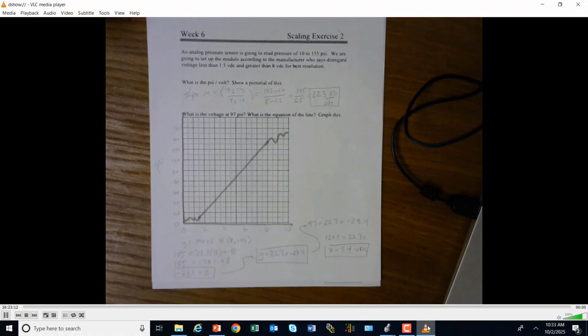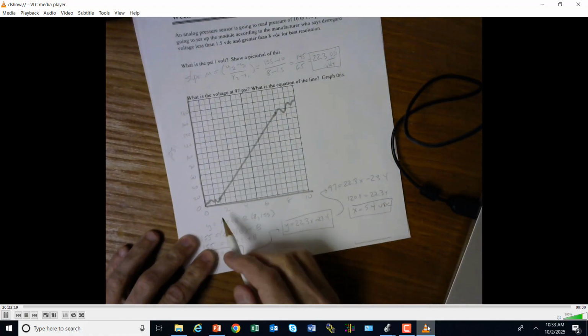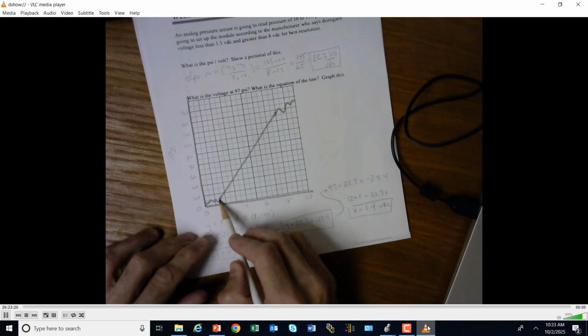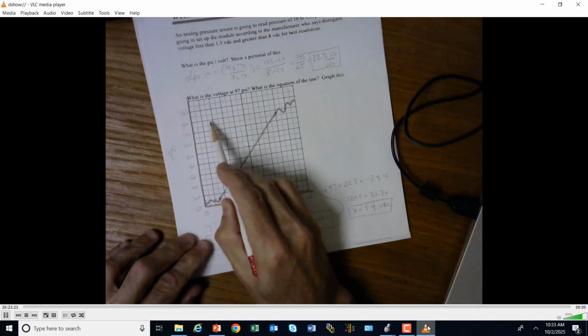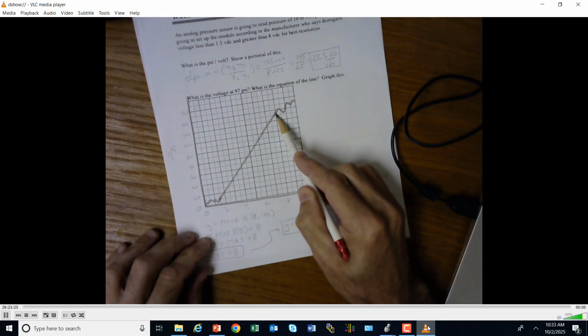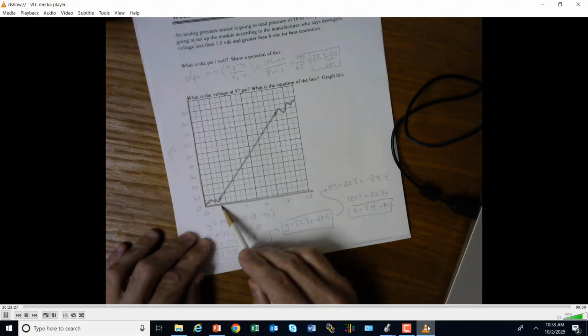Okay, let's do another one now, because it's really not always that nice, like what you just saw. So this one says an analog pressure is going to read from 10, which is here, to 155, which I've got up here, and from 1.5 to 8 volts.